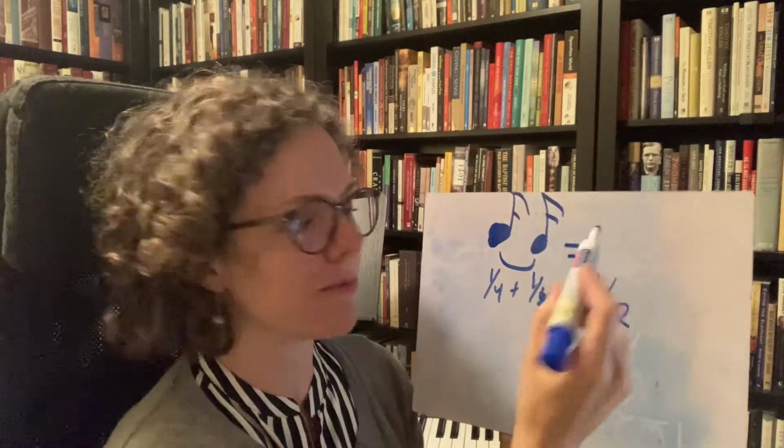That's a half, right? So what kind of note do you know that gets half of a beat? It's not a half note. A half note gets 2 beats. A quarter note gets 1. So an eighth note gets half of a beat.